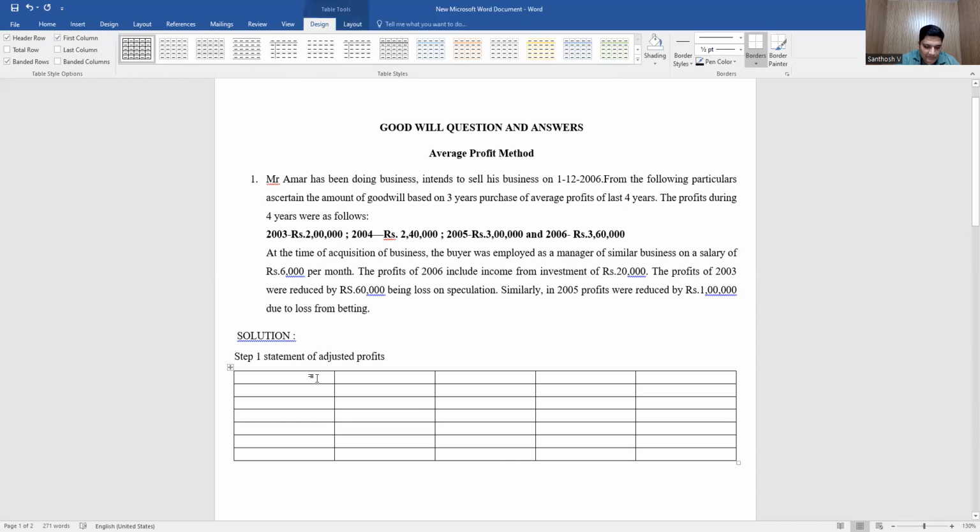The first column is for particulars. The second column is for the year 2003, and the following columns are 2004, 2005, and 2006. Particulars requires more space, which is why I'm giving more space for it.